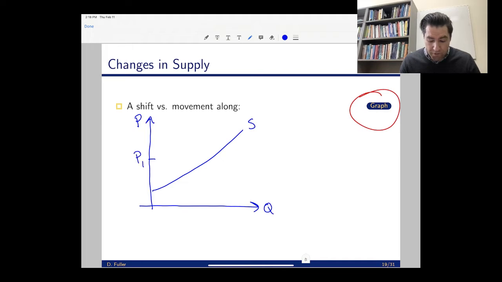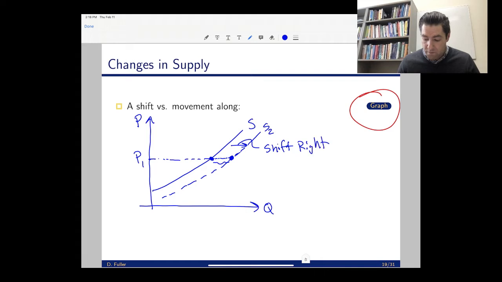So let's take price 1 here. A shift to the right, or an increase in supply, means at this price, I want to supply more. So this, call it S2, is a shift right or an increase in supply.